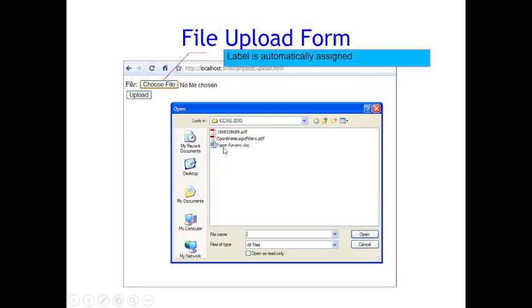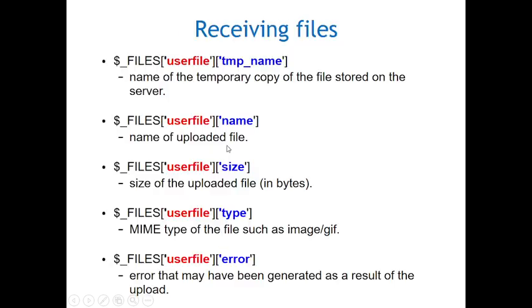What is a file name? Suppose you have a file like paper review. This file name is stored on the server. If you want the name of the file to be uploaded, you can use this syntax, name. If you want to know the size of the file, you should use this attribute.